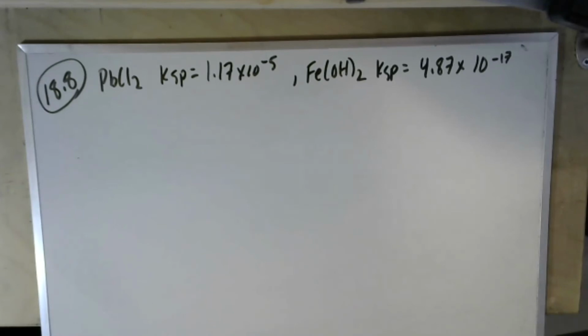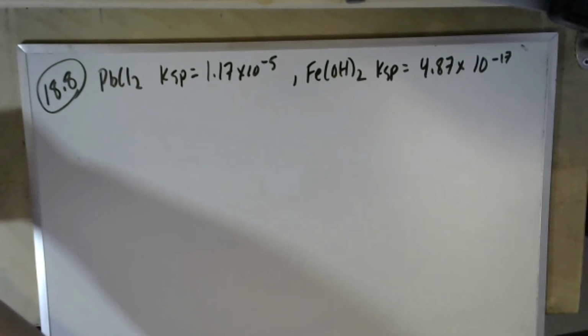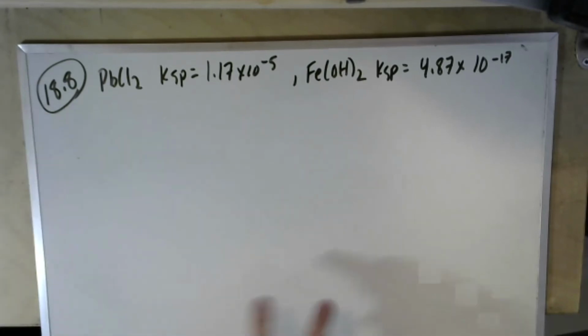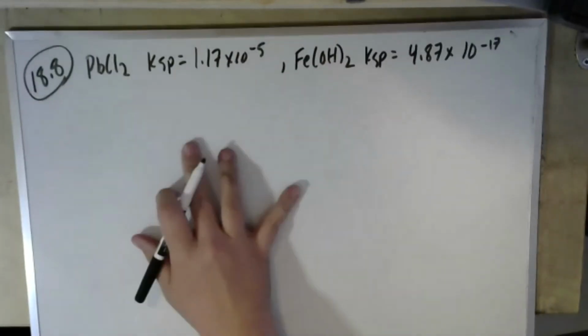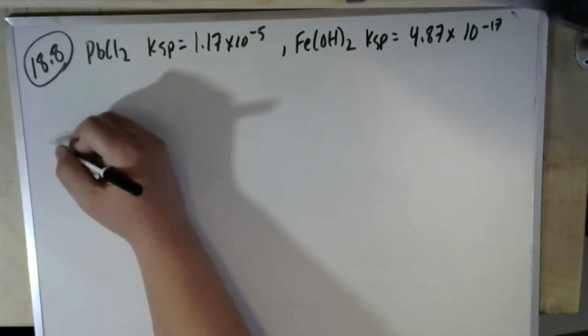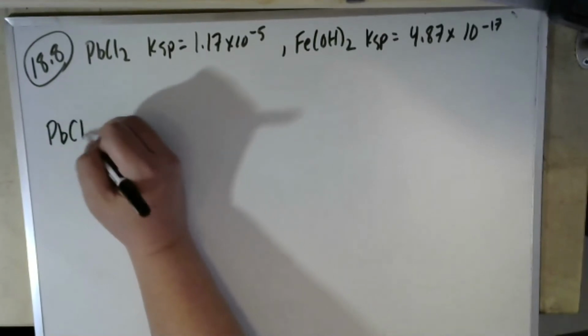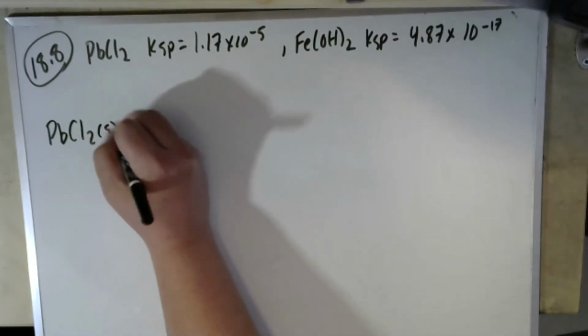The first thing that you want to do when you're looking to do one of these molar solubility problems is to write your dissociation reaction. So you're going to take your PbCl2, we'll start with this one, your PbCl2 solid, and you're going to look and see how it dissolves.